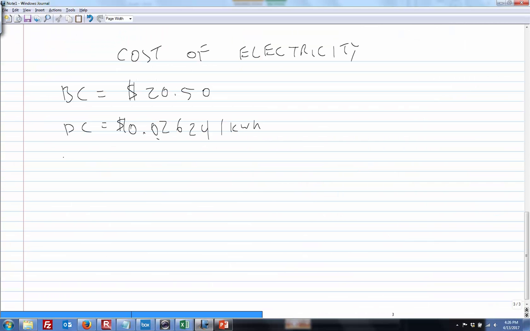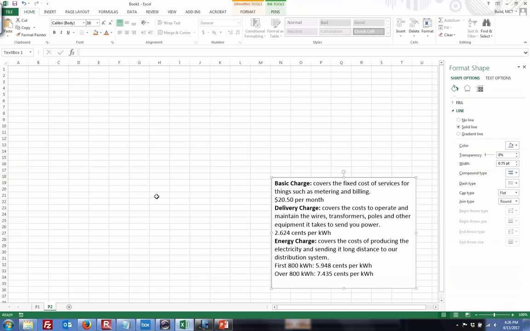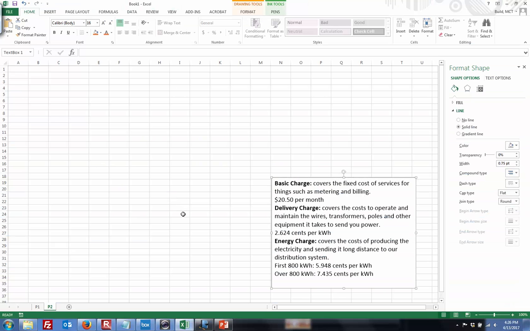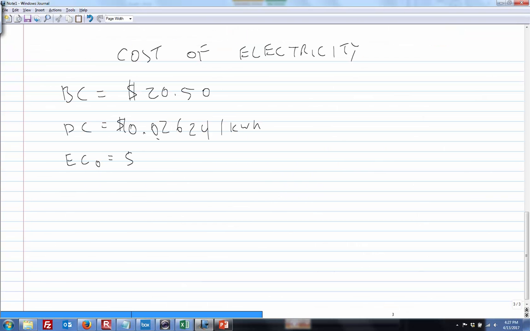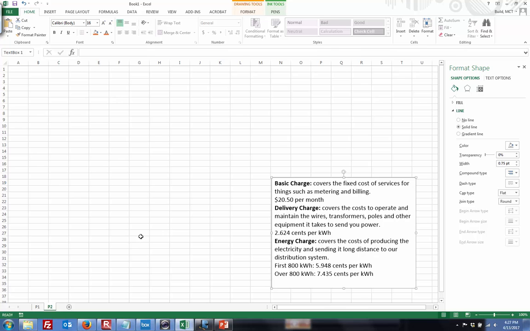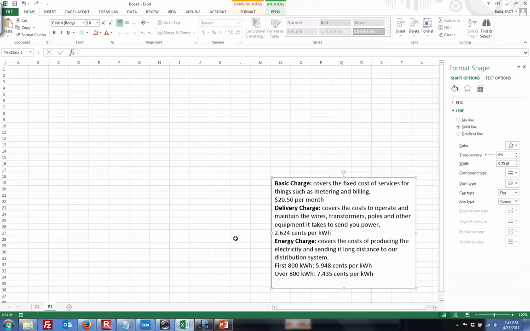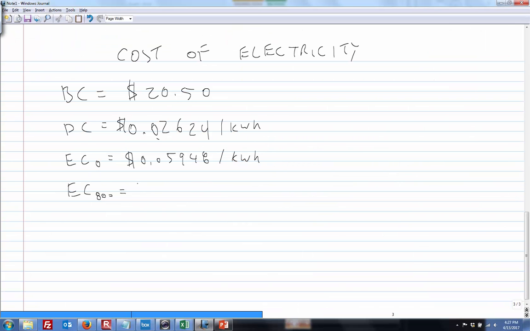Energy charge, let's just call this EC, let's call it EC0, equals 5.948 cents per kilowatt hour. EC 800 equals 7.435.